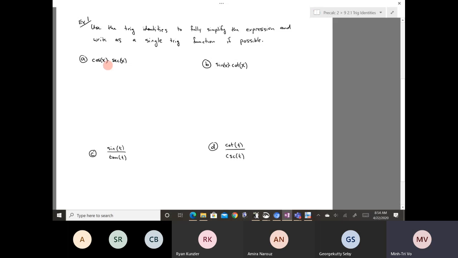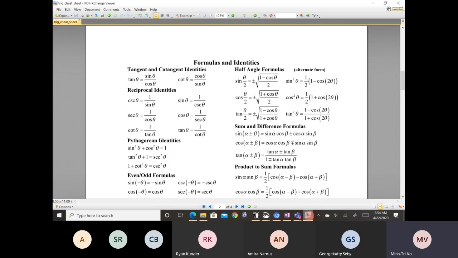Here you just have cosine and secant, and here you have cotangent and so on. So if powers aren't involved, typically you want to use either the tangent or cotangent identities or the reciprocal identities.